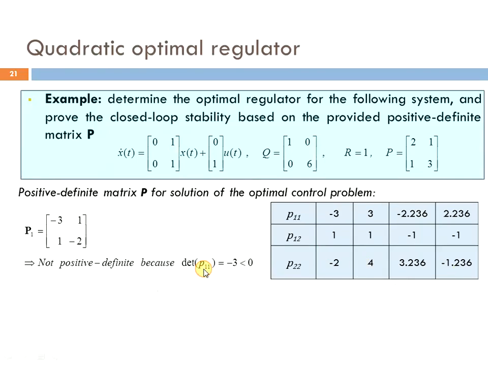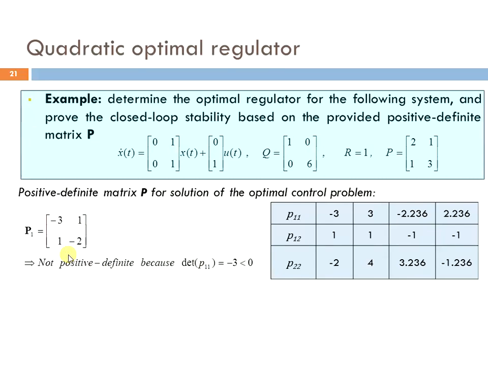Okay. Starting with the first one, given by -3, 1, 1, and -2, we find that this matrix is not positive definite. Just to mention here how to determine whether a given matrix is positive definite or not, we look at the leading principal minors.